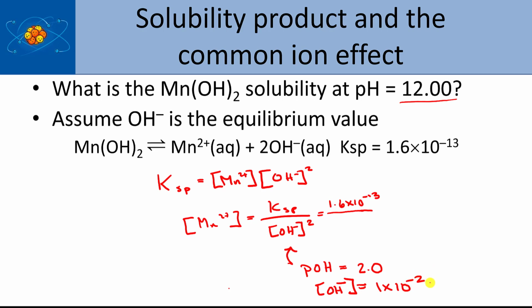So I can just plug that value in there. Well, in fact, that's 0.010 squared, and I'll get 1.6 times 10 to the minus 9.